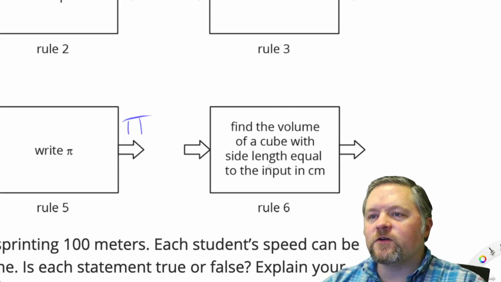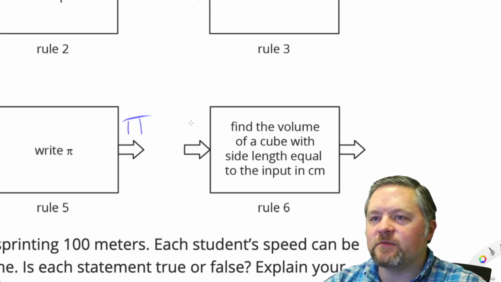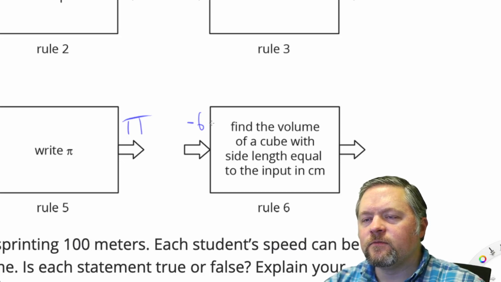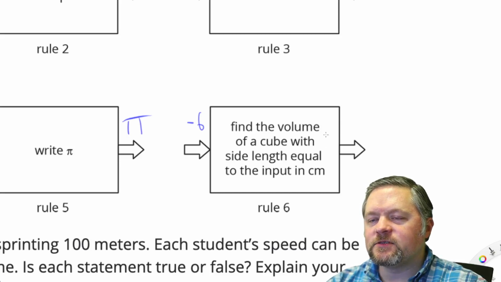Find the volume of a cube with side length equal to the input in centimeters. So if we have a cube, we want to know the volume. Well, length times width times height would be 6 times 6 is 36 times negative 6 again, but that's going to give us a negative volume.